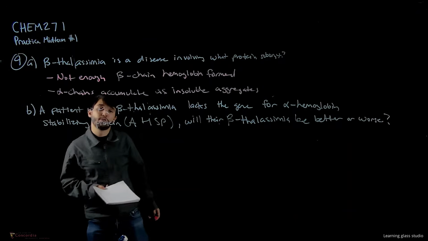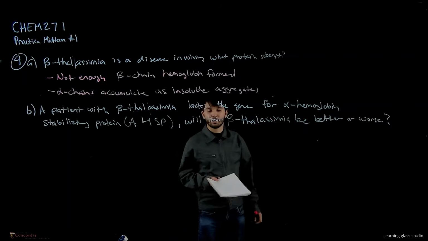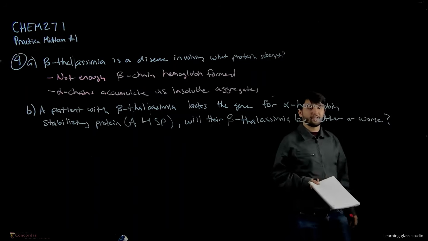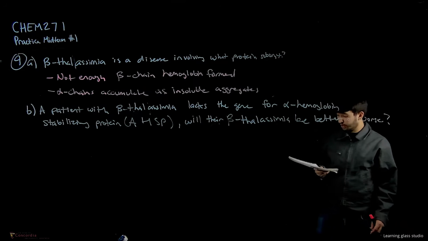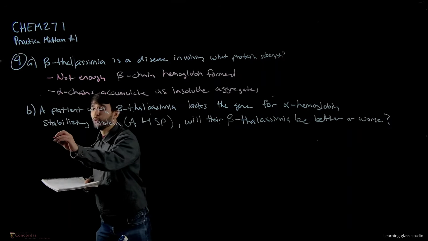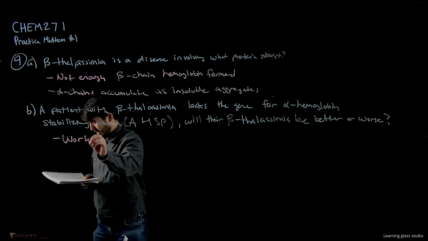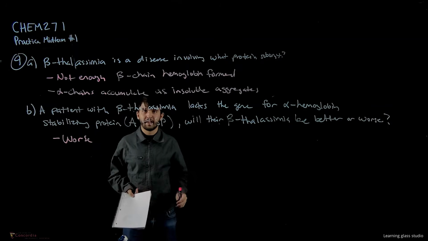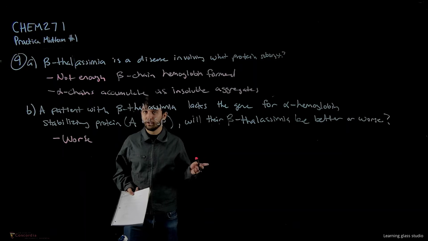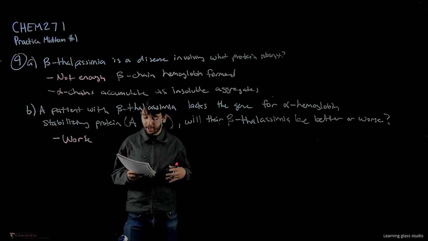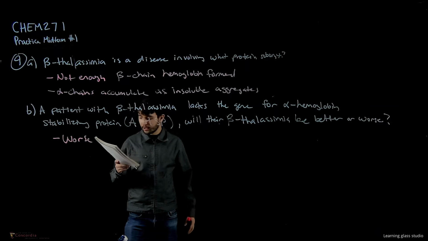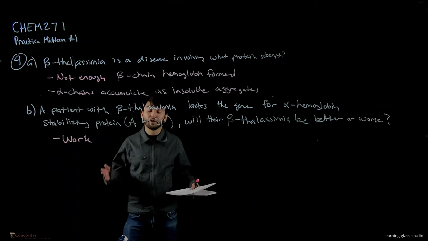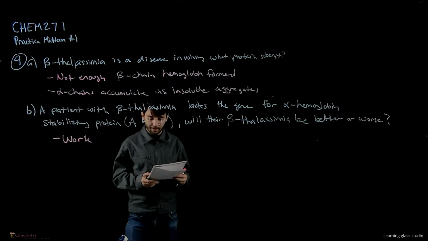So the next part is a patient with beta thalassemia lacks the gene for alpha hemoglobin stabilizing protein, AHSP. Will their beta thalassemia be better or worse? So it will be worse. And this is because they lack the gene for alpha hemoglobin stabilizing protein. So we said beta thalassemia is a result of these alpha hemoglobin chains forming these aggregates. So this protein is going to stabilize the alpha subunits so that they don't form these aggregates.